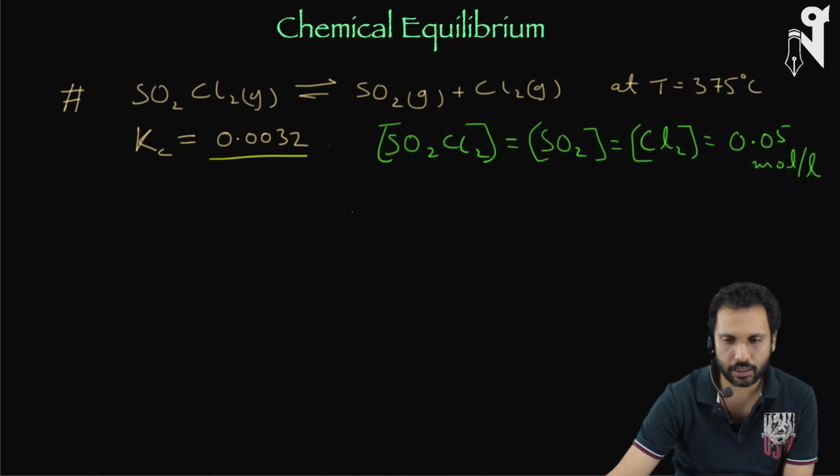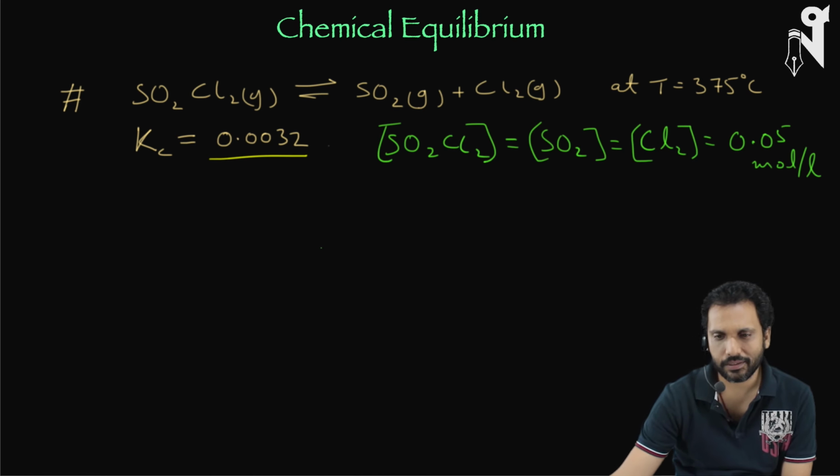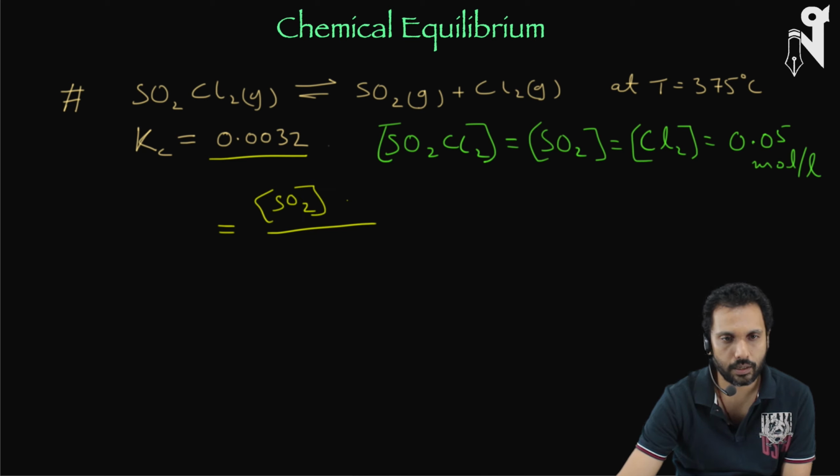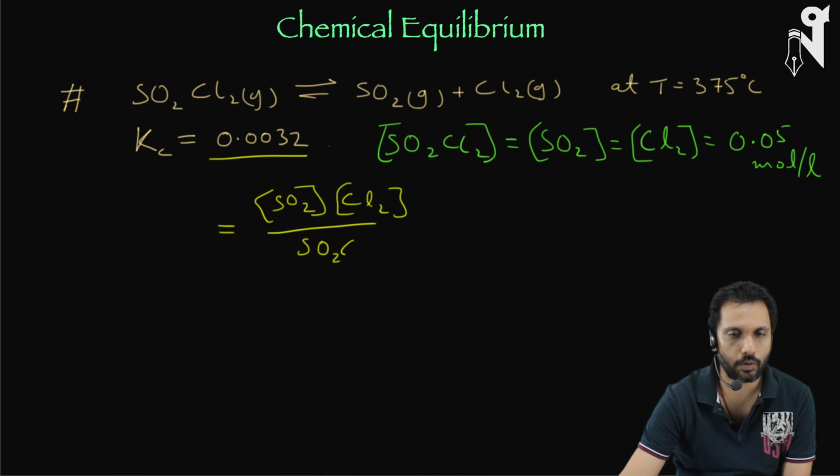So I hope you got the answer. Going forward, we have to do the same thing. Since all concentrations are given to you, we use the formula of products divided by reactants, that means SO2 to the power 1, Cl2 to the power 1, and SO2Cl2 raised to the power 1.